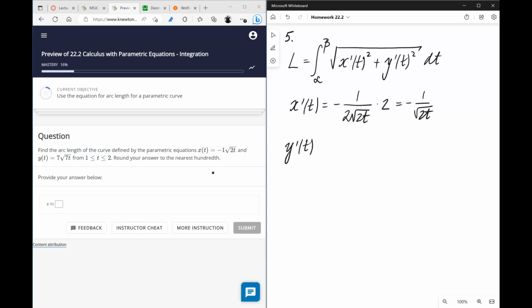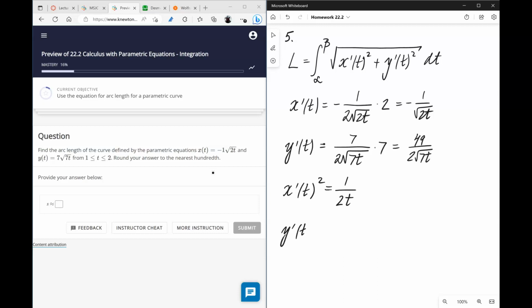Y prime of t will be 7 over 2 square root of 7t times another 7. So it's 49 over 2 square root of 7t. Now we're going to find x prime of t squared, which is just 1 over 2t.